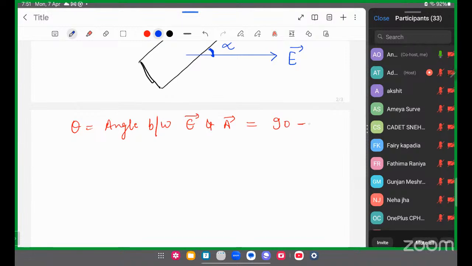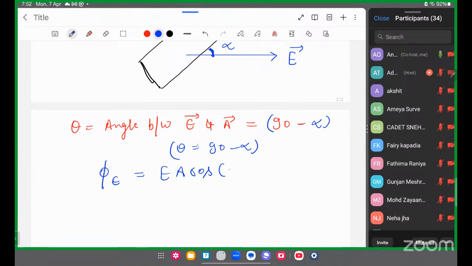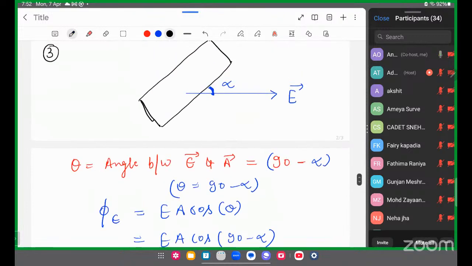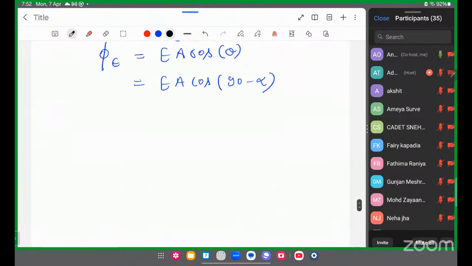So this will be 90 minus alpha. So in place of theta, I will have 90 minus alpha. And according to the formula, this will be EA cos theta, which means we will have EA cos(90 minus alpha). Understood? Okay, let's take an example.